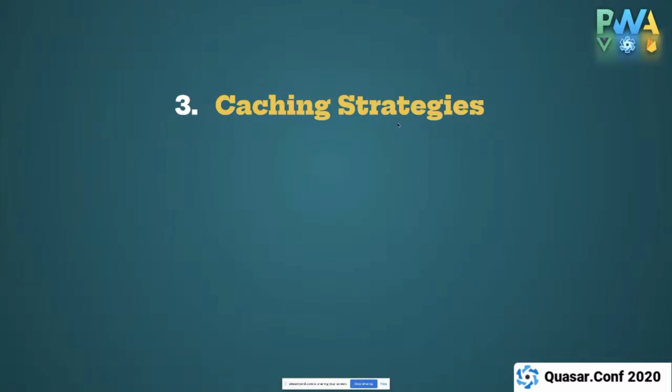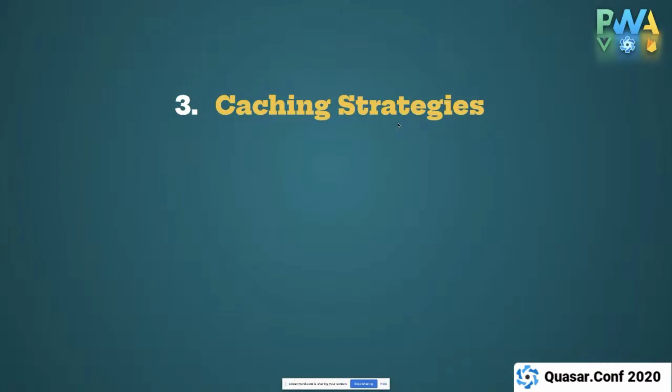But we don't want to cache them in the same way because, for example, something like a font file is rarely going to change. So it makes sense to always grab that request from the cache whenever possible and only grab it from the network when it's absolutely necessary. For example, when there is no font file in the cache.